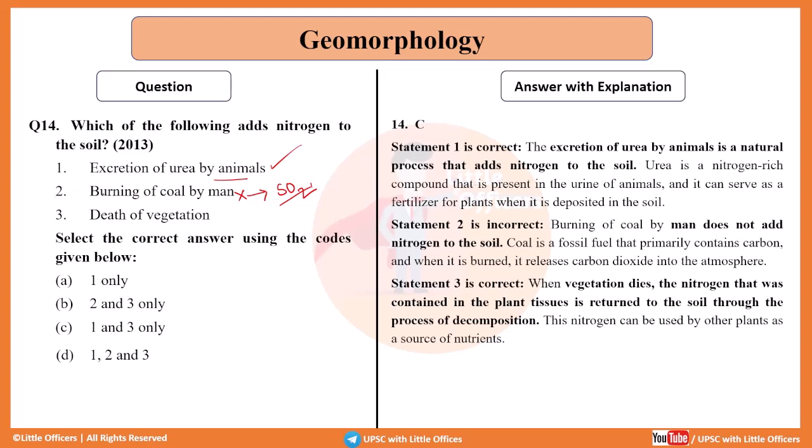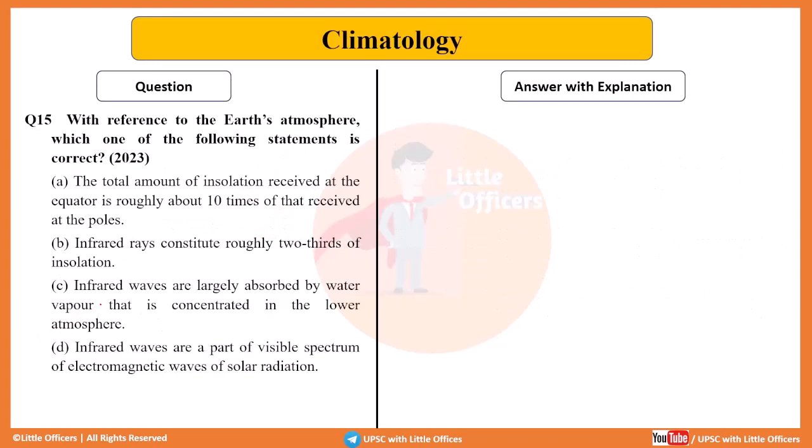Okay, so that's why 2 is wrong. Death of vegetation, of course, when it is decomposed, the protein compounds and nitrogen compounds in the body can degrade and go back to the nitrogen cycle. Okay, so 1 and 3 are correct answers for these two statements.